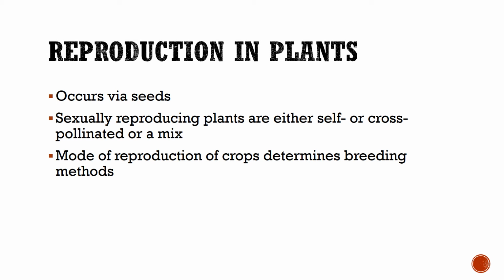So how does that mode of reproduction happen? Well, it all is determined by the crop and how that breeding happens within the crop, which is really important to understand. So again, if you're a little confused on the self versus cross, self-pollination just occurs when the pollen is transferred from the stigma of that plant to the flower, in the same flower.